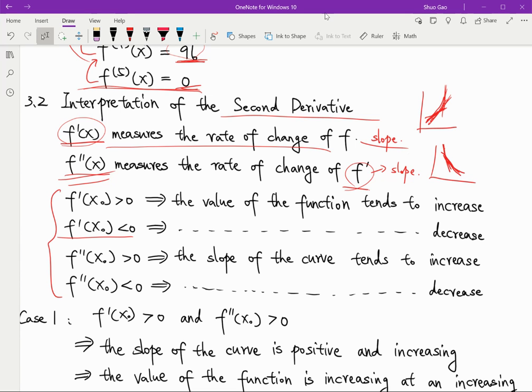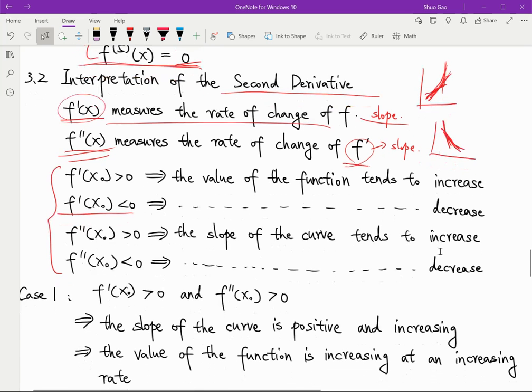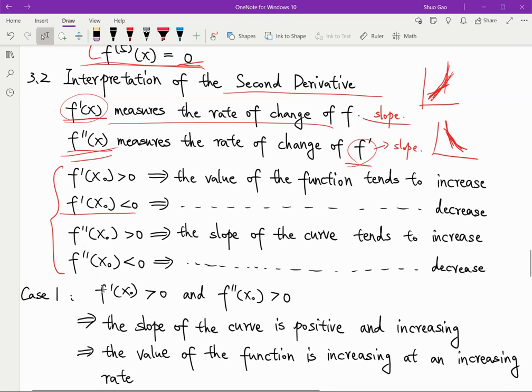So we can use the sign of the slope to find out if the function is increasing or decreasing. And for the second derivative, f''(x) larger than 0 means that the slope of the curve is increasing.